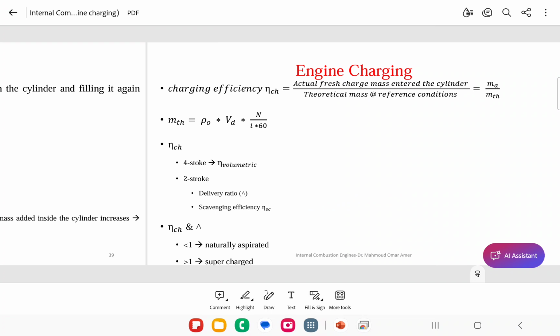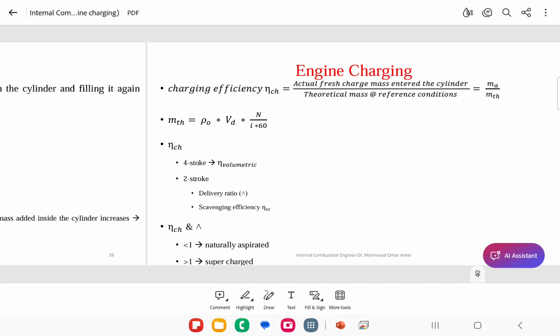If the engine is naturally aspirated, then the maximum value of the amount that actually enters the engine is the theoretical mass at the reference conditions. But what if the engine is supercharged or turbocharged? When you use a supercharger, are the pressure and temperature of the intake air lower, similar, or higher than the reference conditions?